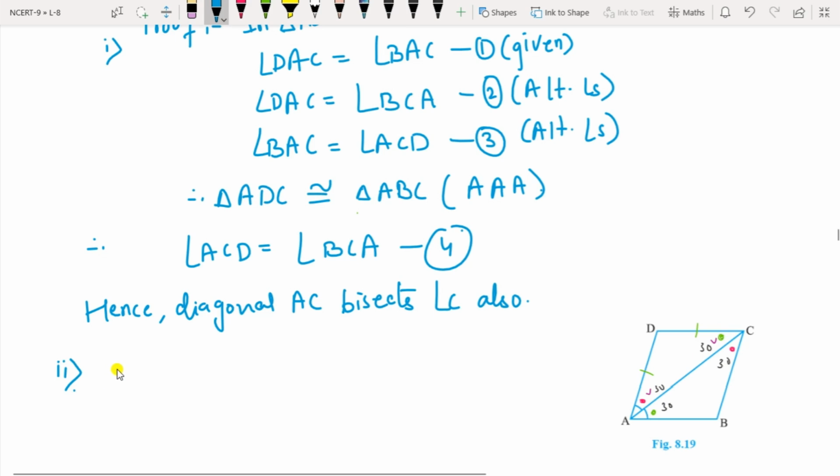Now in triangle ADC, which we are considering here, angle DAC is equal to angle DCA from above.